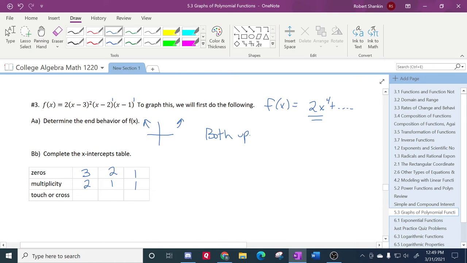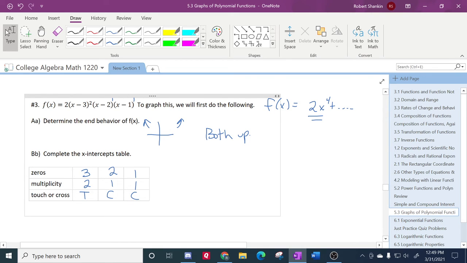If the multiplicity was even, we say it touches. If it's odd, it crosses. Like this. So now we have a fair amount of information about this function right here.